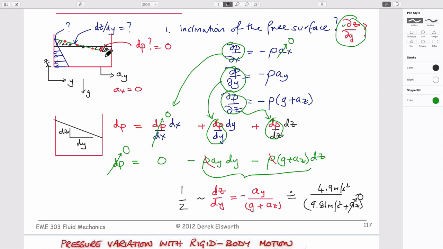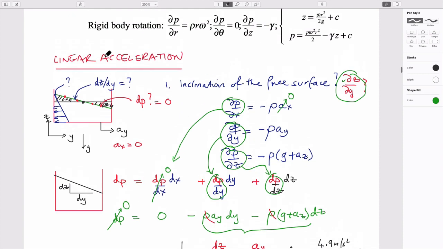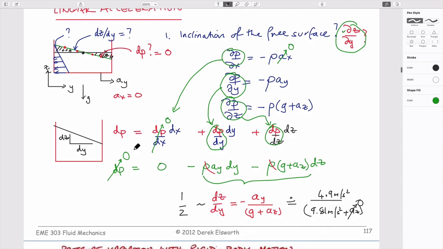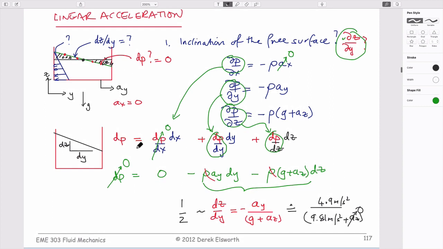Okay? So we've done at least one of the things that we wanted to do. We wanted to get the inclination of that free surface, and we have that. The other thing that we said we'd like to do is that once it's crawled up the side of this container, what's the pressure distribution that we have? Is it equal to what we said before?